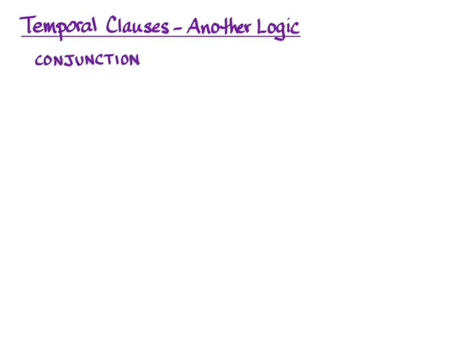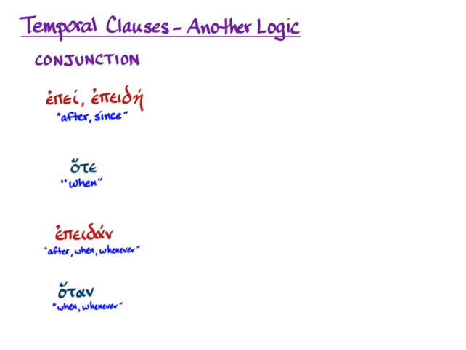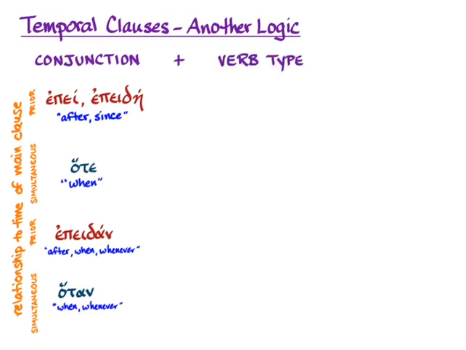Here, we're going to look at what the conjunction is, and these are the ones we have. And remember, what we've got here is a collection of conjunctions that can do prior time and simultaneous time for your temporal clause. And then we're going to look at the verb that it introduces, the type of verb that it introduces. We've got indicative that we've been doing.